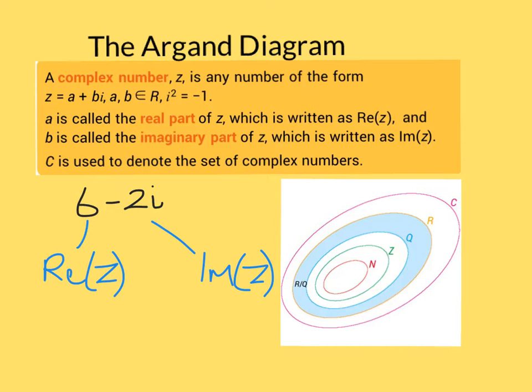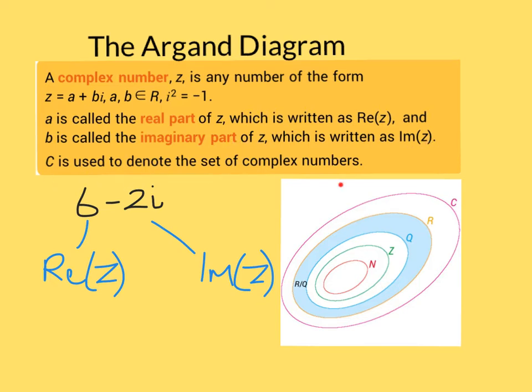A complex number is any z, as we often see in questions where it's referred to as z, of the form z equals a plus bi, where a and b are elements of R and i squared is equal to minus 1. We said in the last slide that a is called the real part of z, which is written as Re z, and b is called the imaginary part of z, which is written as Im z.